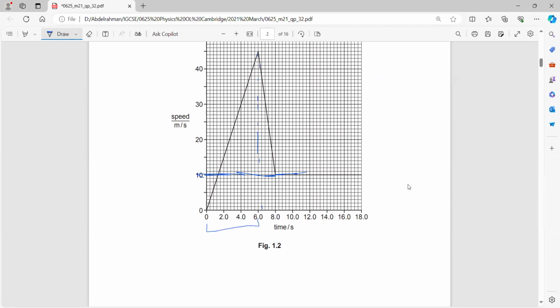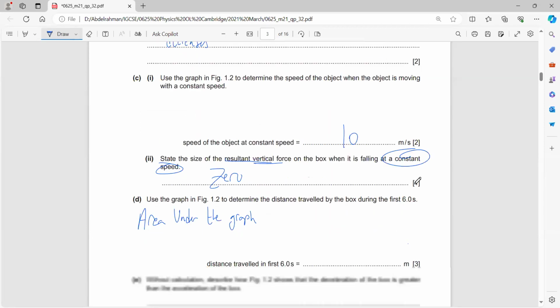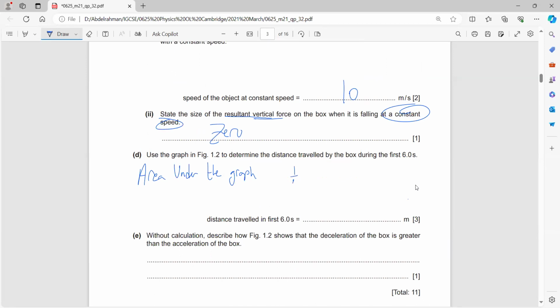The base is 6 and the height is the maximum height it reached, which is 45. Half times base times height. Half times 6 times 45 gives me 135.